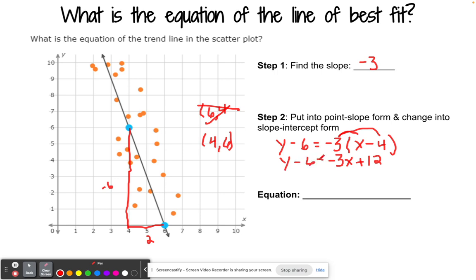It's not quite in slope-intercept form yet. I would like to add 6 to both sides. Now this goes away, and I have y equals negative 3x plus 18.